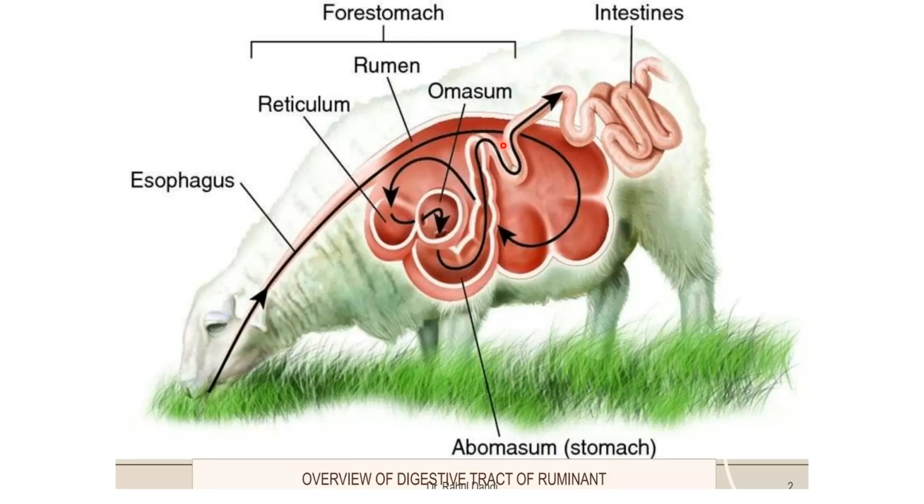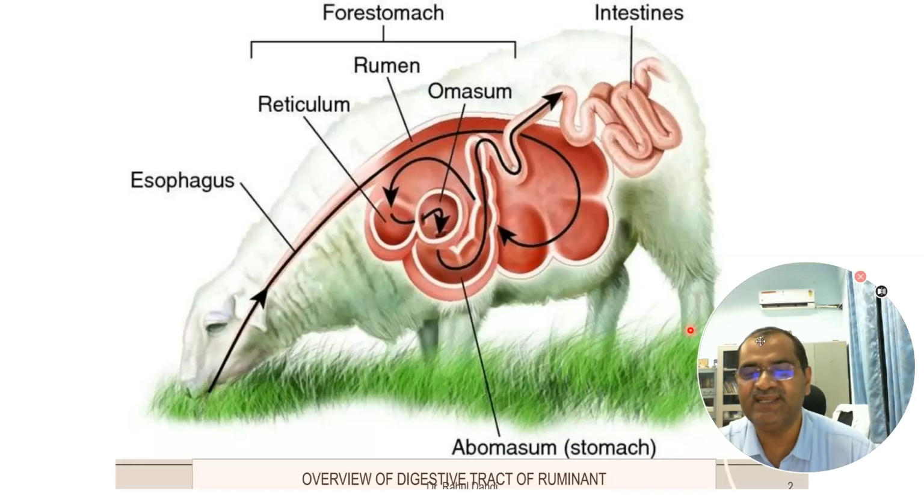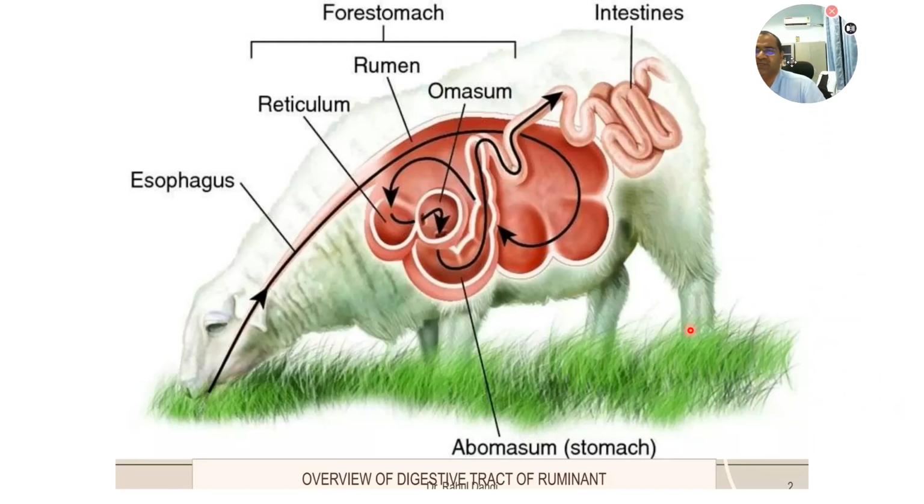Apart from this, the regular small intestine, large intestine, ileum, rectum, and colon are also part of the digestive tract of the animals, especially the ruminant animals. Hence, we need to focus on the different parts as such.